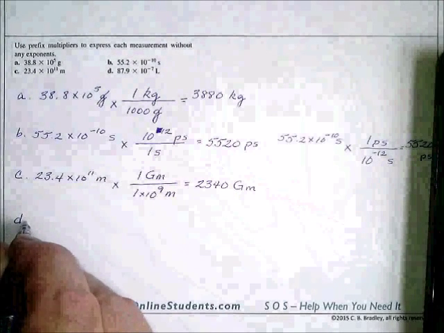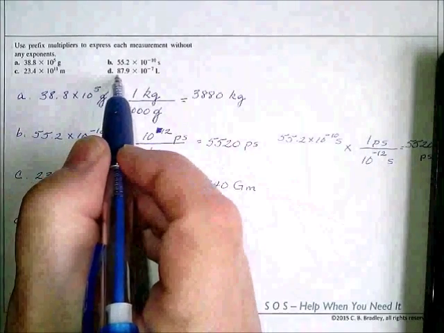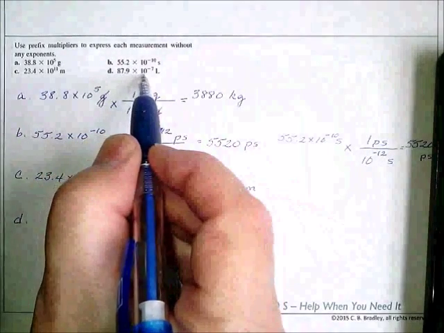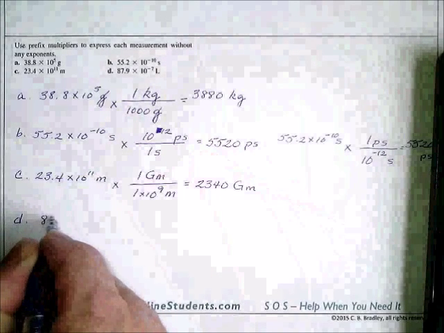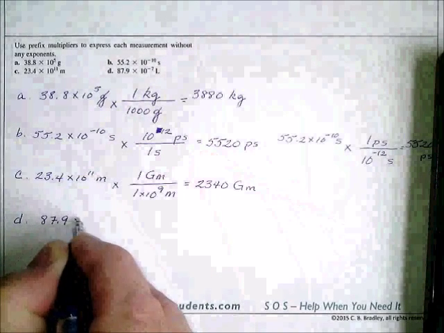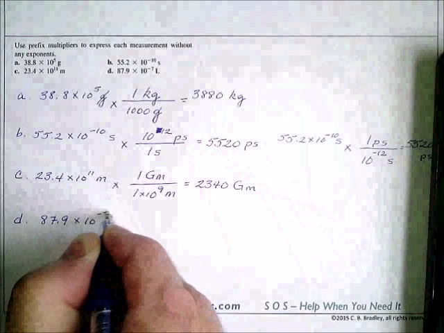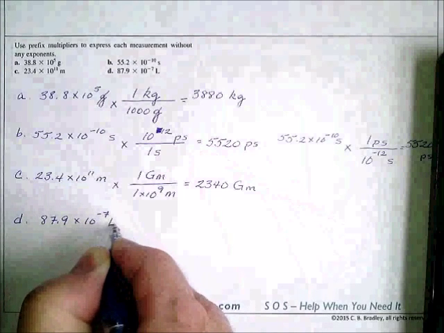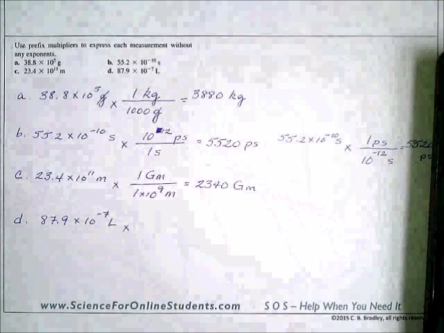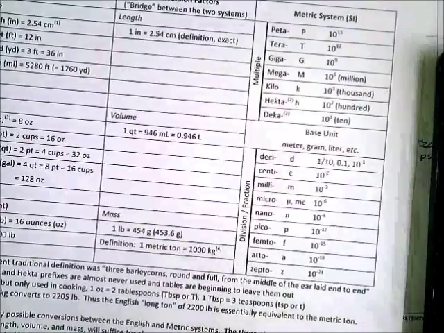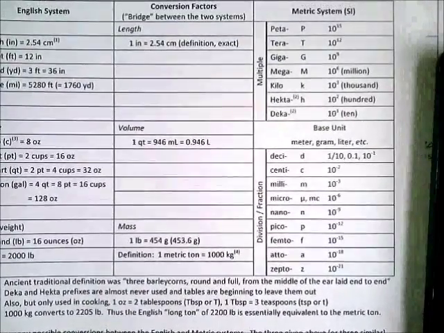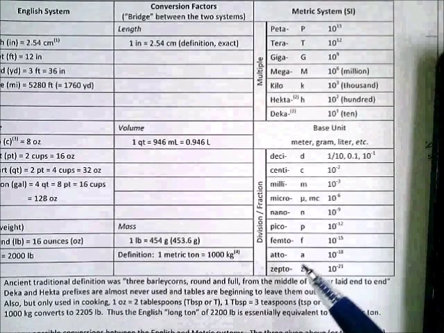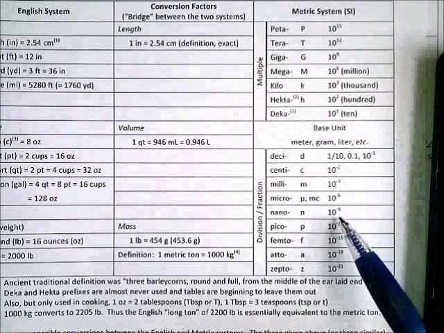D. 87.9 times 10 to the minus 7th liters. Let's come back to our table. The next one down is going to be 10 to the minus 9th.